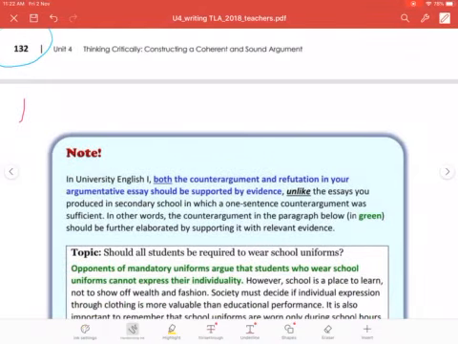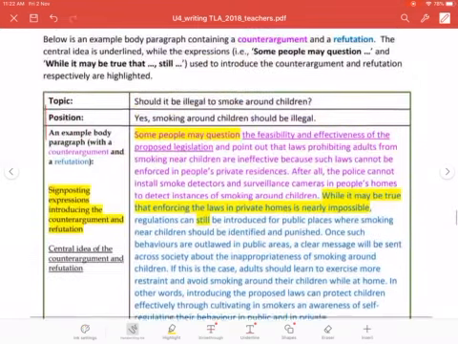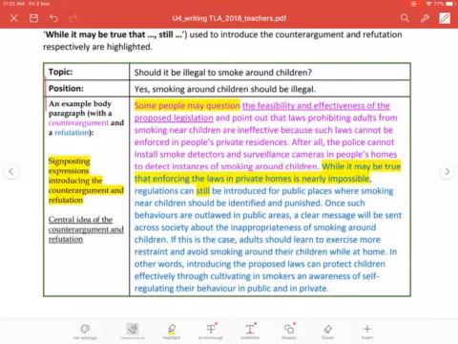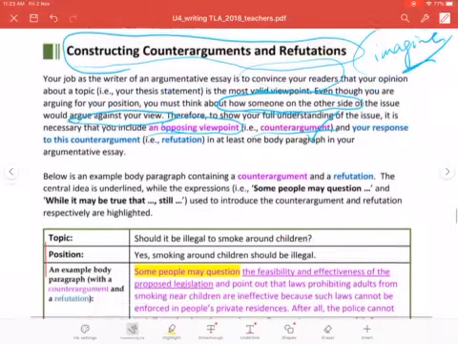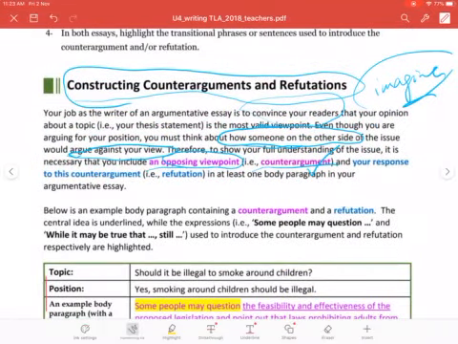If you go to page 133, you will see that this is another requirement, which is you have to support the counterargument with some evidence, right? After you do that, you can address that counterargument, because the counterargument is a challenge against your argument. So your job is to respond to this counterargument, and that is called refutation, and sometimes we call this rebuttal.